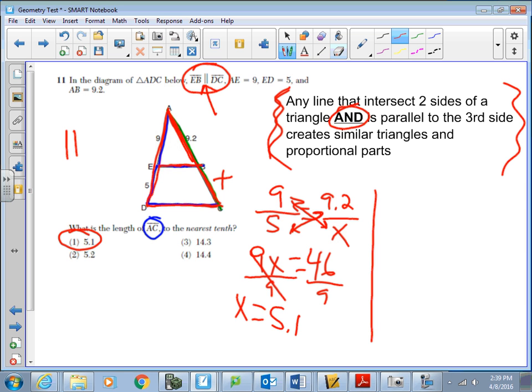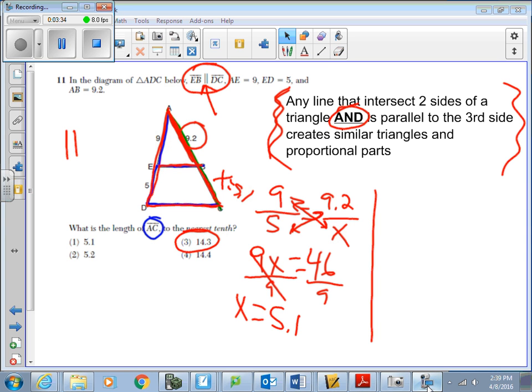So we know AB is 9.2, BC is now 5.1, which means our answer is going to be, add them up. And looks like the answer is number 3. Hopefully you see that. So 14.3. So don't circle 5.1. Don't do all that work and then lose points. That would be a shame.